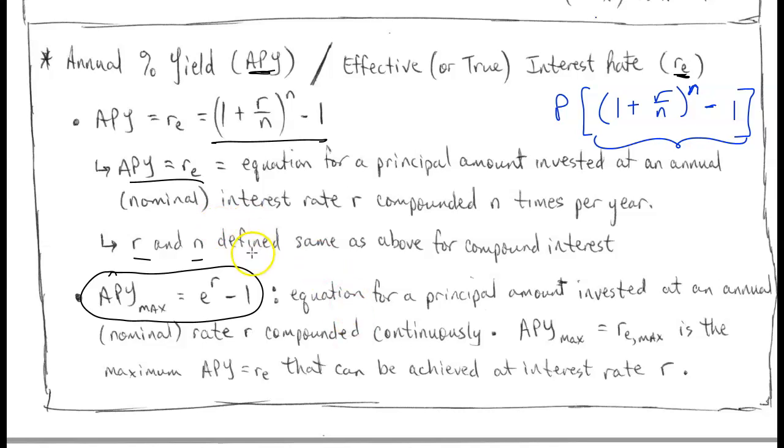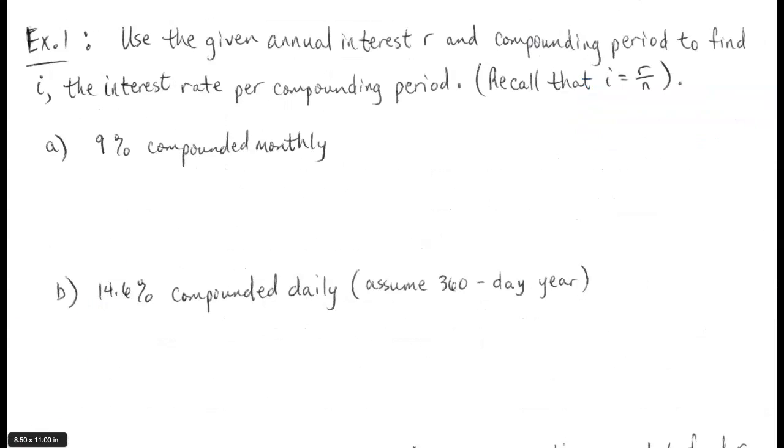This formula, e raised to the r minus 1, allows us to know that. All right, with that being said, that's the basics on these formulas. Now what we're going to do is get into the actual examples.